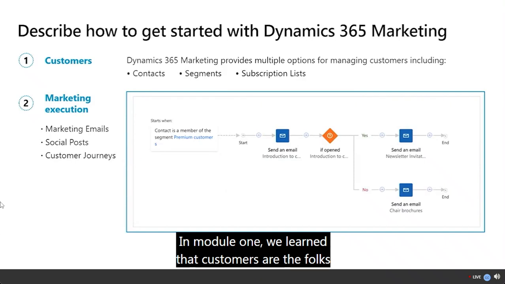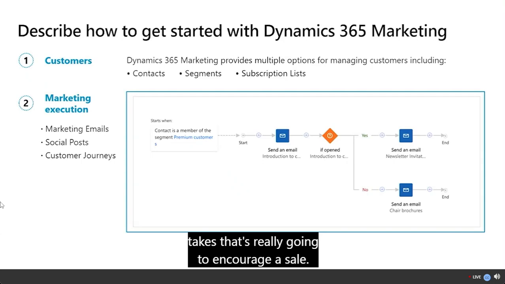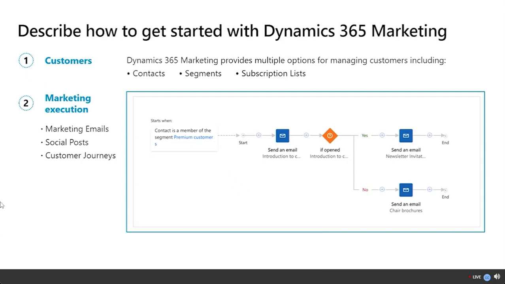In Module 1, we learned that customers are the folks who are buying your products or service. This is who you are targeting for your marketing efforts. And there are a lot of different ways that you can do this. You can send out marketing emails, or maybe you're leveraging social media to reach your customers. You could even build out a custom customer journey that creates a path depending on what action the customer takes that's really going to encourage a sale.